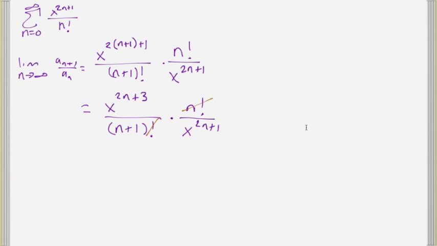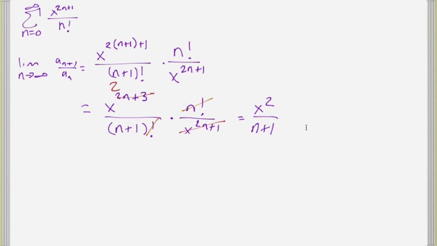What do we do with exponents? Subtract them. So if I do 2n plus 3 minus 2n plus 1, what am I left with? 2. So I have an x squared left on the top of this thing. So x squared over n plus 1.